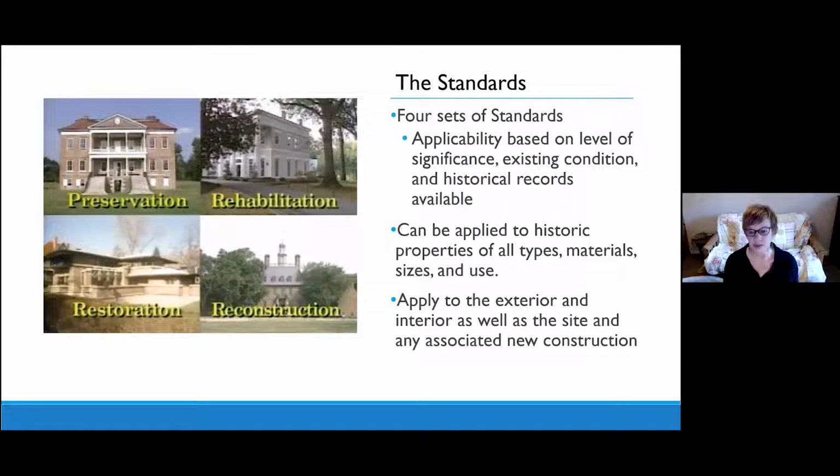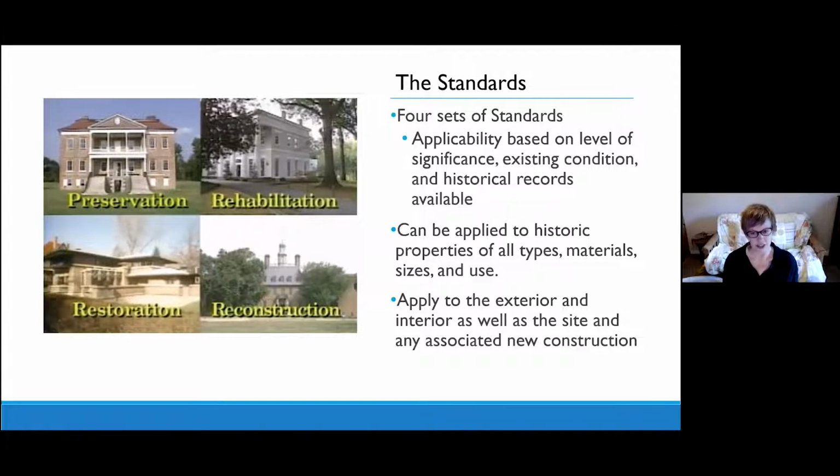But then we have rehabilitation. That's where you get more flexibility. It's about either allowing a building to change uses, or updating it to modernize it and make it more habitable, up to modern heating, ventilation, and electrical. That's the most flexible.